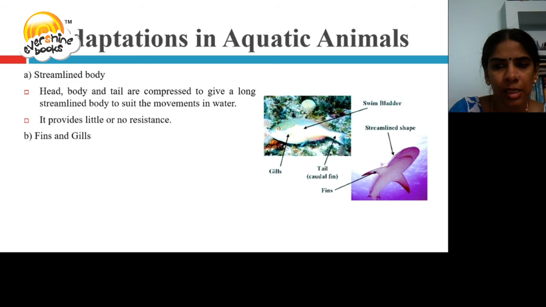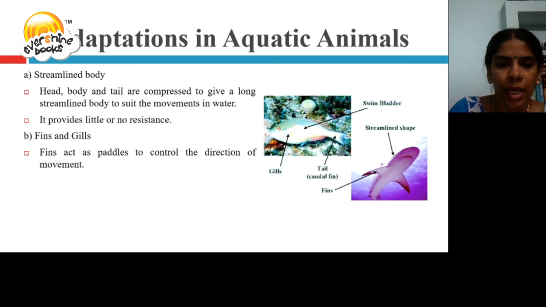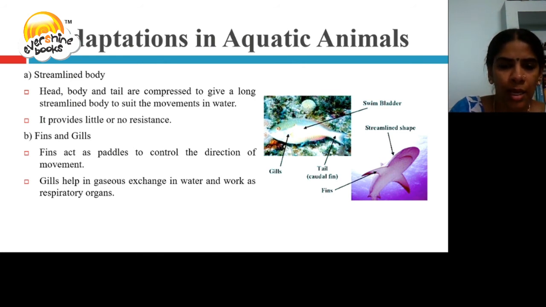Fins and gills. Fins act as paddles to control the direction of the movement. Gills help in gaseous exchange in water and act as respiratory organs. So the respiratory organs in aquatic animals, especially in fish, are the gills.